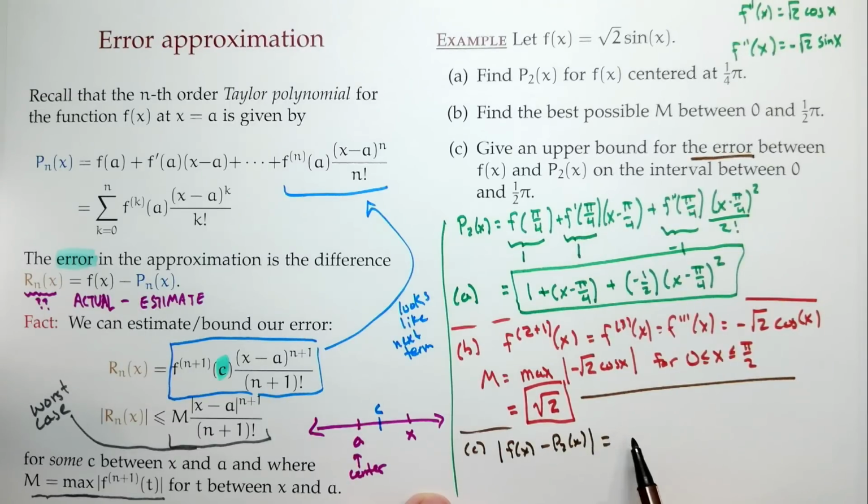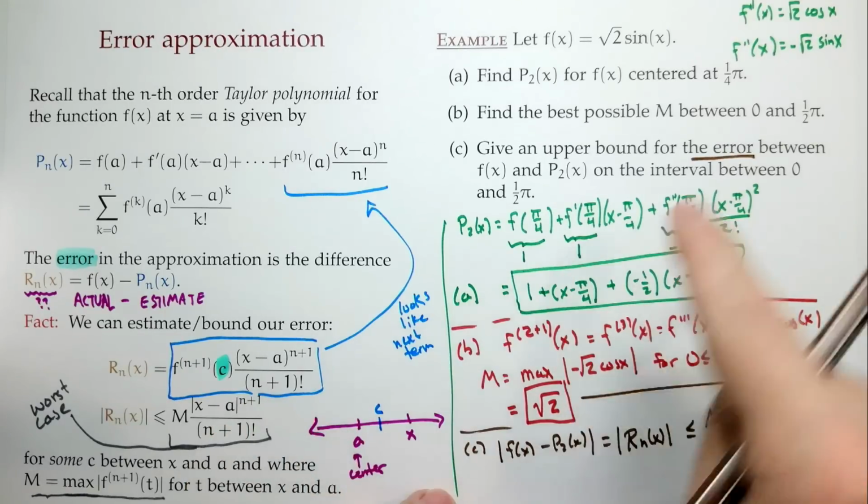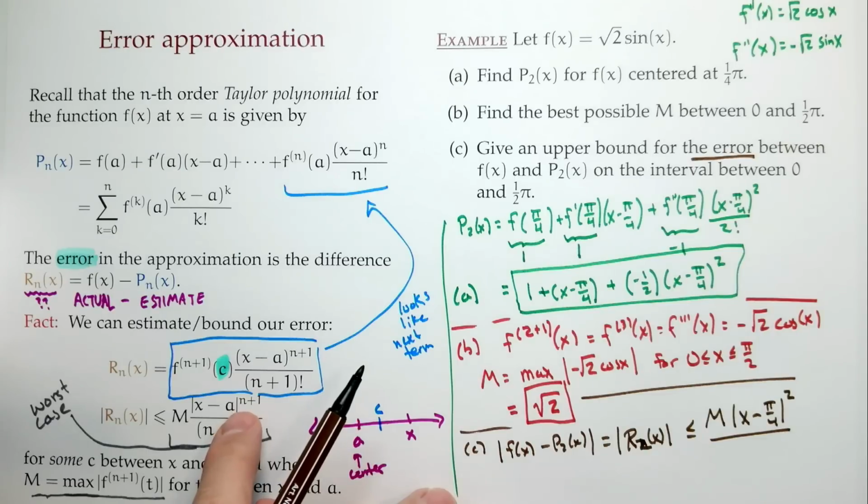That's really the magnitude of our R_n of x, which, according to our formula, and I can pretend I had it memorized, but secretly I'm just looking over here, that's M times x minus, now a is pi fourths, so, whoops, n should be 2 here, minus pi fourths squared, divided by, and then, not squared, Steve, you can do math, because n equals 2.